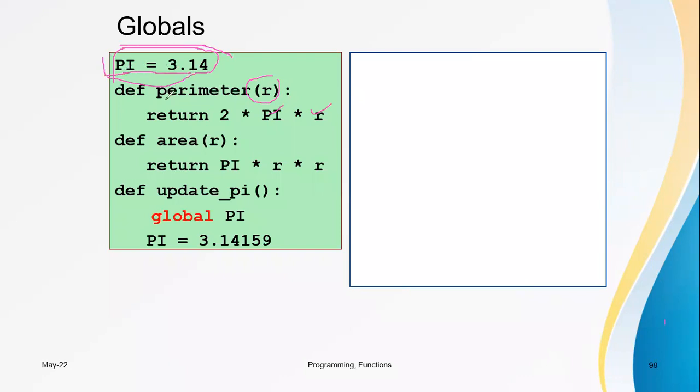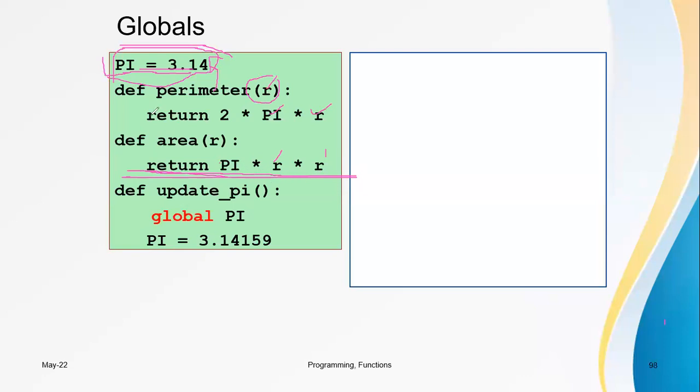So when I call the definition, it will take pi from the global value because it's already declared on the top itself. Then the remaining value is r. R will be taken as an argument. For area, pi r square, r alone will be taken from the user. Pi is already available on the top. So the problem is solved.